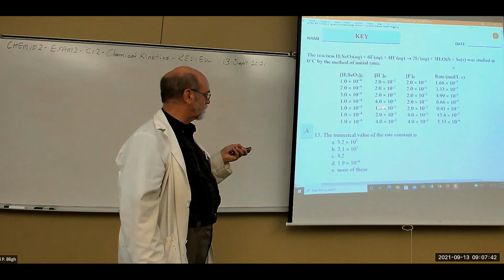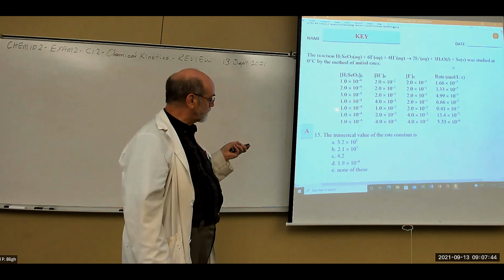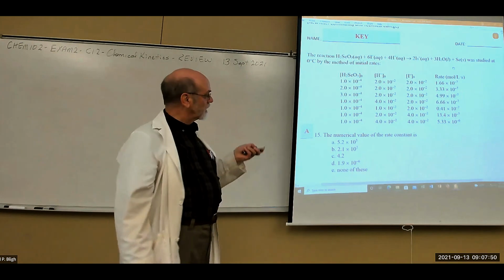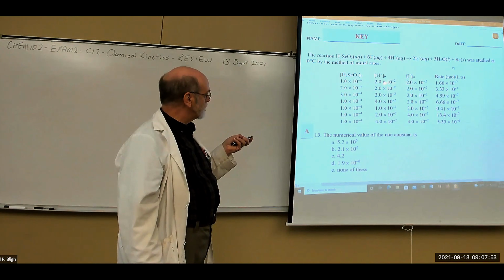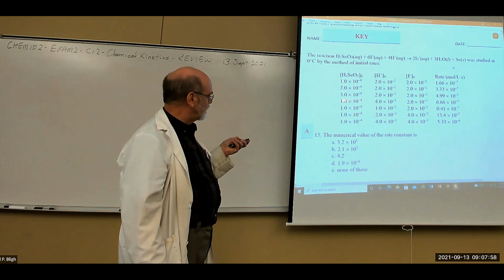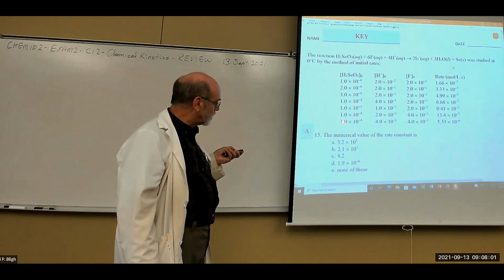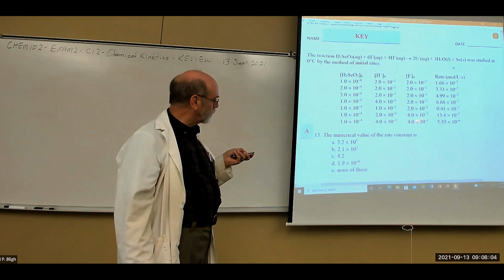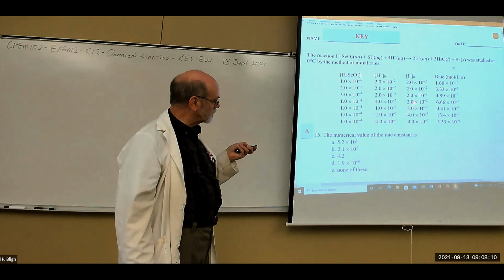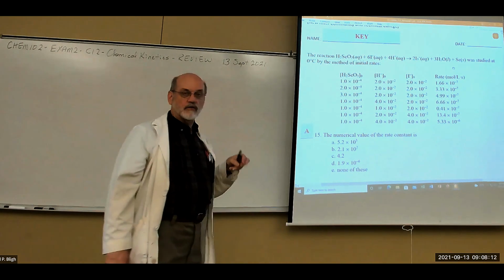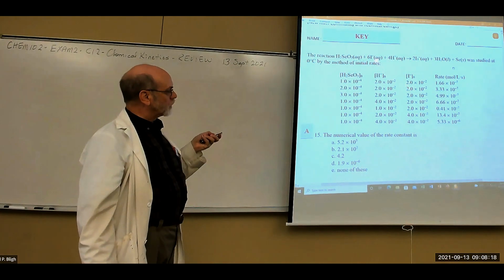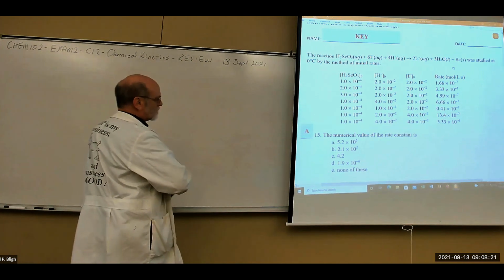This one's constant here, this one's constant here. So I'll use these two to determine that order. And this one, we need this one and this one, the fourth one and the last one, because these don't change, but these do change. And that'll give you, by that same method, initial rates, the order for each of these components.